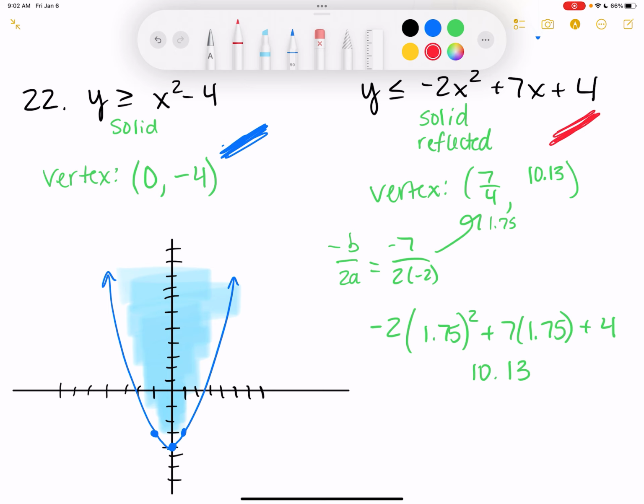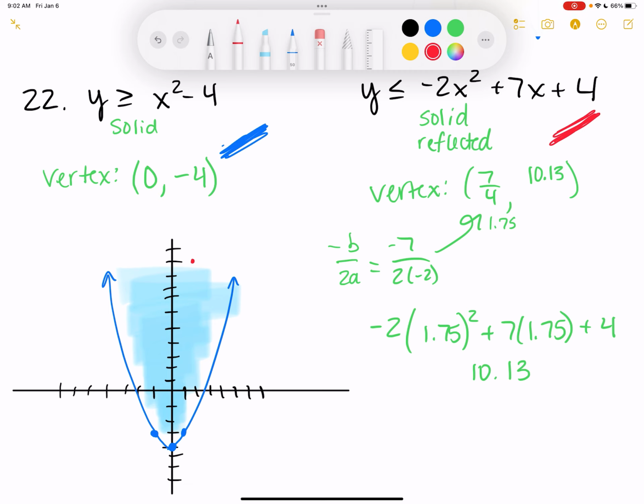So then the other one, I have a vertex at 1.75 and 10.13, so basically 10. So that's obviously almost 2 away from 0, so I'm going to try 0. If you plug in 0 up here, that term goes away, and you're left with 4.